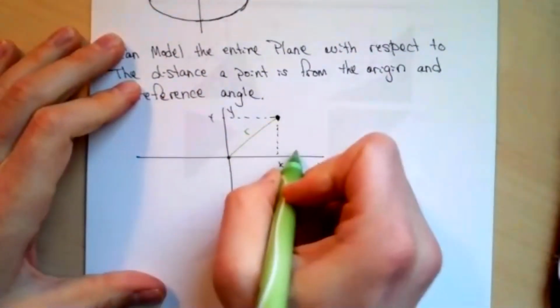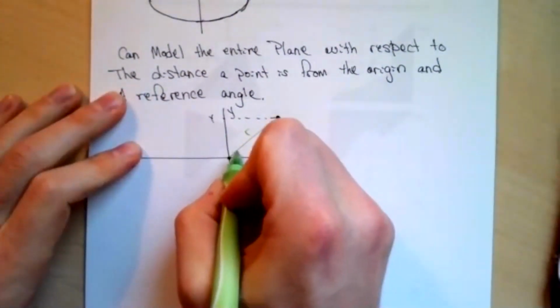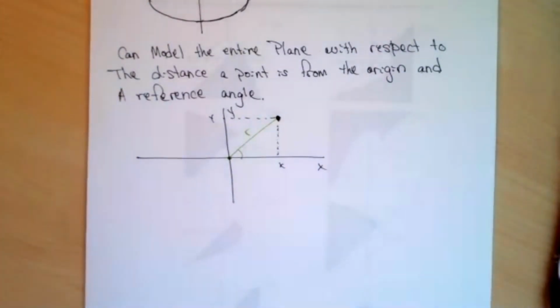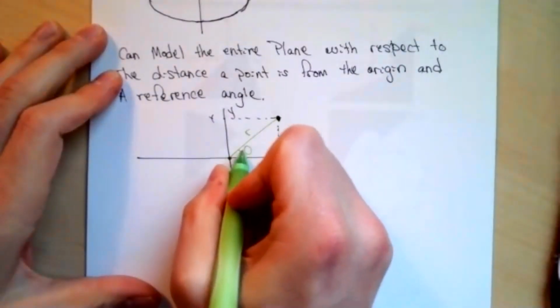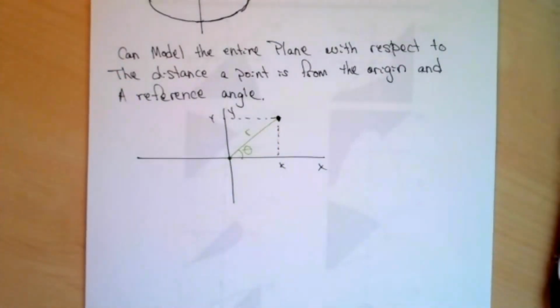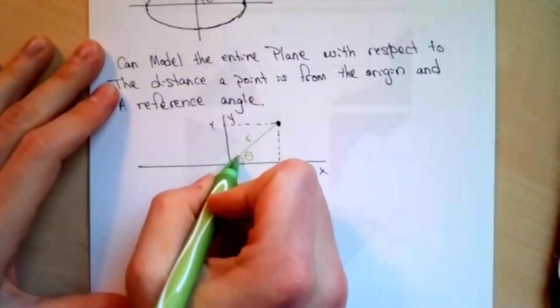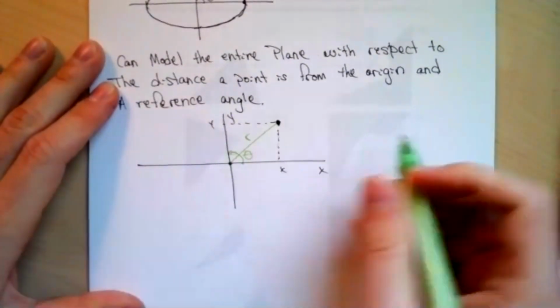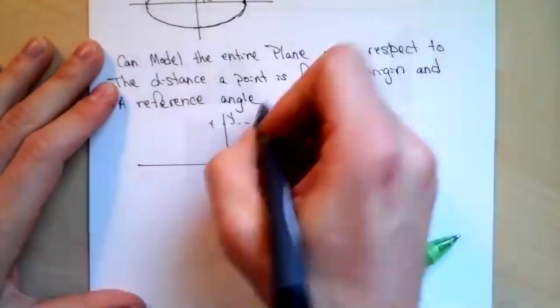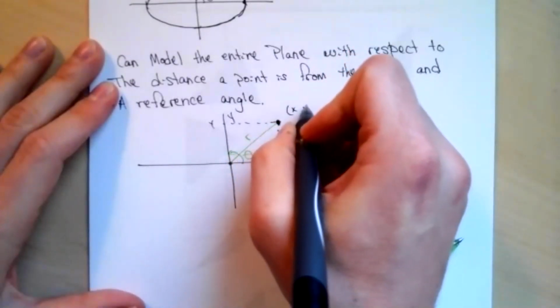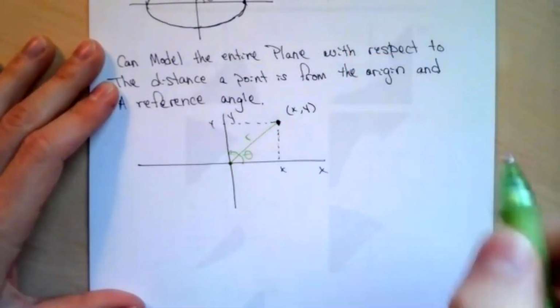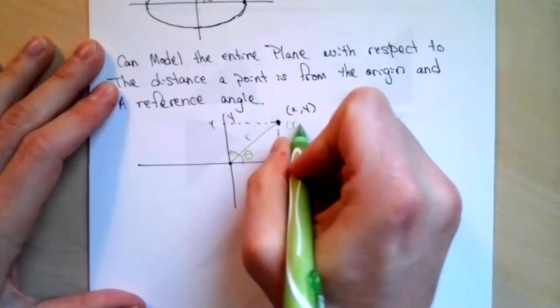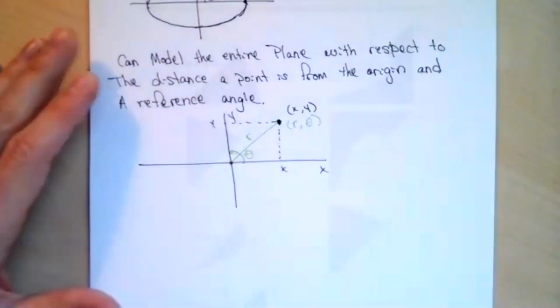And some reference angle. We're going to measure all of our angles just like we did in the unit circle, way back when you first learned the unit circle. Our theta is measured from the positive x-axis and measured counterclockwise. So we can have both xy coordinates and our theta coordinates.